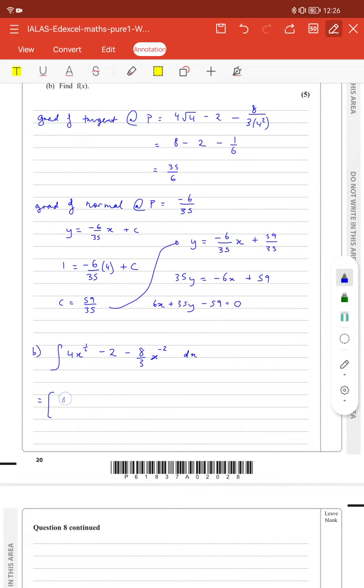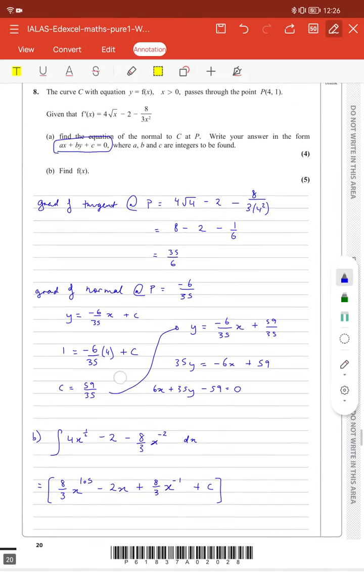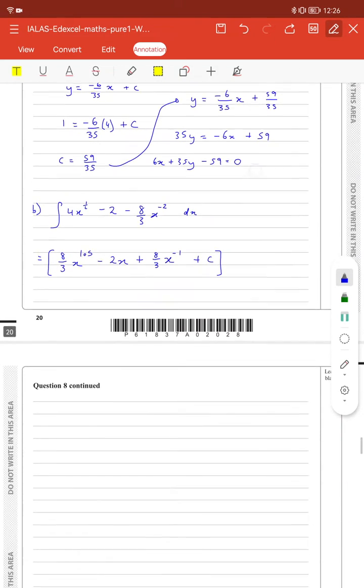So I'm going to get 8 over 3x to the power of 1.5 minus 2x plus 8 over 3x to the power of minus 1 plus c. And now we know that they must be equal at that point P, so (4, 1).